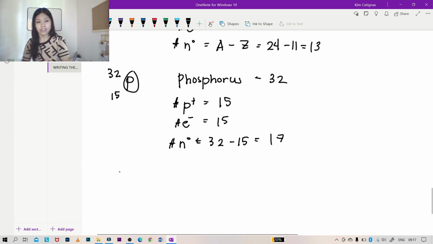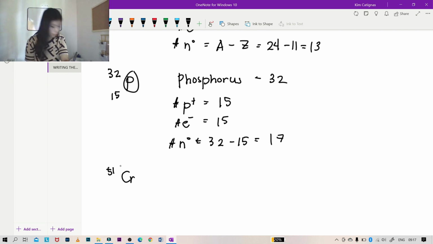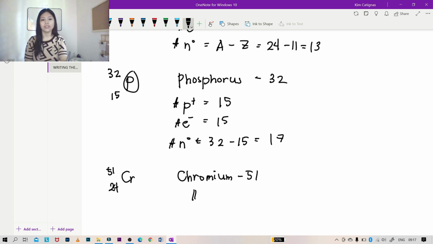Okay? Another example. So, Cr, hindi po ito comfort room. Cr 51, tapos, nasa baba, 24. Okay? So, this is chromium. Okay, chromium-51. So, chromium-51, number of protons ay 24.